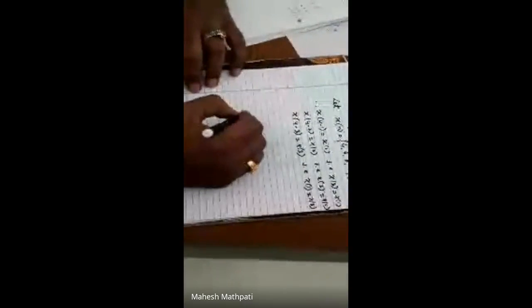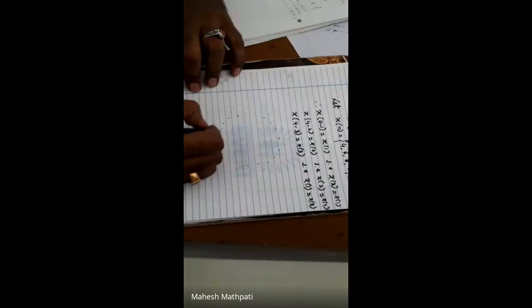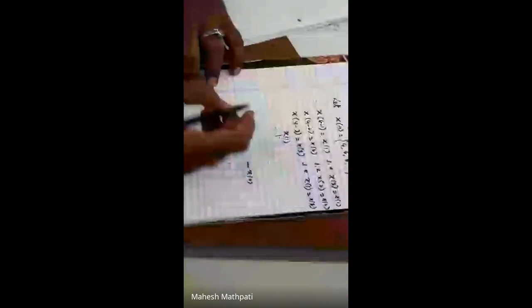So here, if you plot this sequence, let me plot this. This is x of 0, x of 1, x of 2, and this is x of 3.